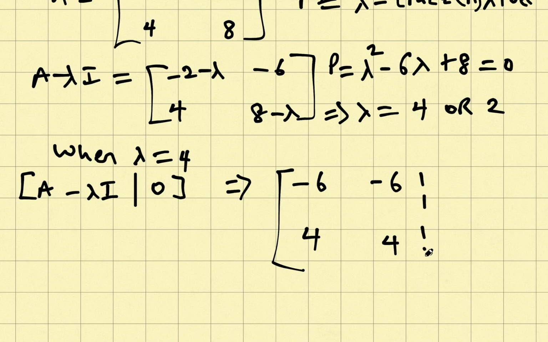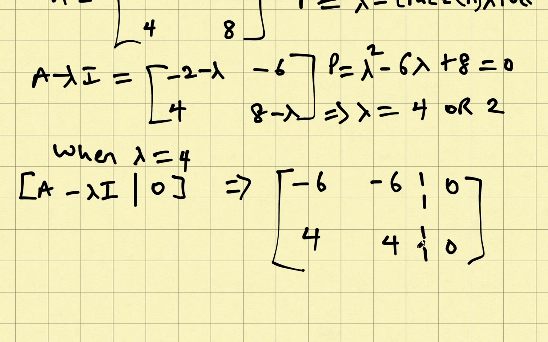If I augment these with 0 and 0 right here, the basic aim is to make this particular 4 a 0 as well, so that we can solve. But you don't really need to waste your time. When you see a matrix like this where the rows are the same, if you're using the Gauss method, it means that the rows are multiples of each other. It simply means that this last row is going to be linearly dependent on the first row.